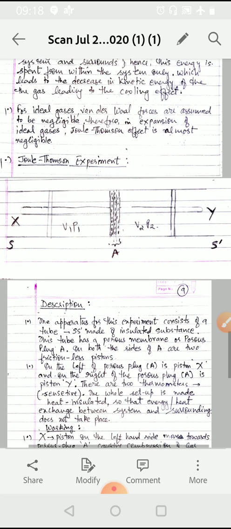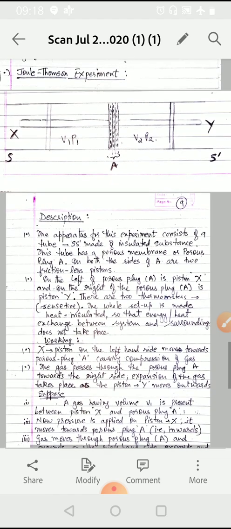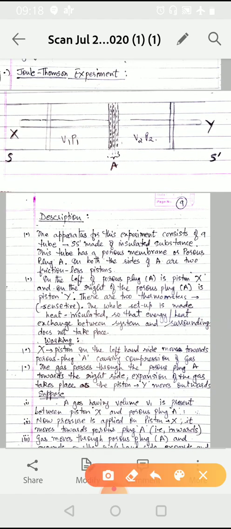Now we come to the Joule-Thomson experiment. The apparatus for this experiment consists of a tube, S to S prime, made up of insulated substance. This tube has a porous plug A or porous membrane, and on both sides of A are two frictionless pistons.